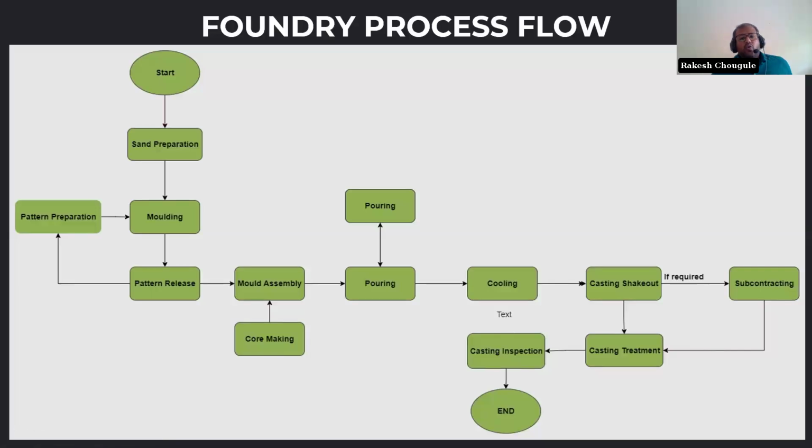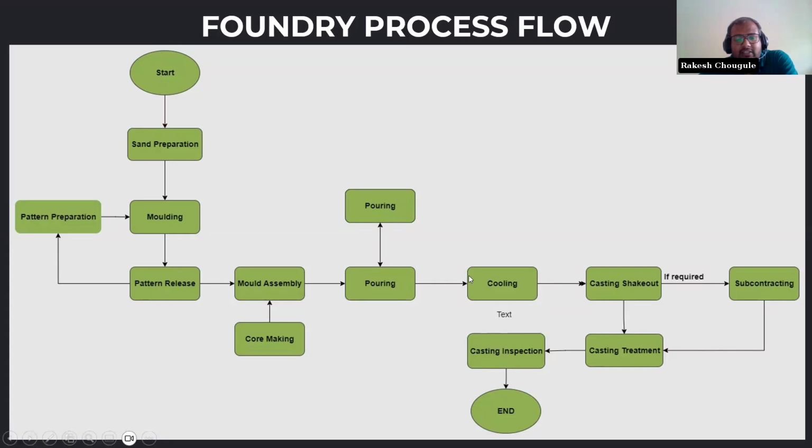So here is the production process flow of the foundry. Here you can see the first process is sand preparation for molding production or core production. Then molding will be there. After molding, pattern preparation. After pattern preparation, the pattern will be released to the melting department. After that, pouring will be done at the melting stage.